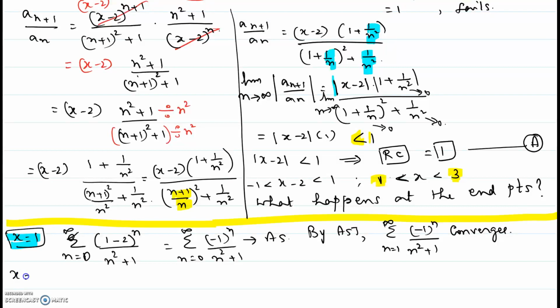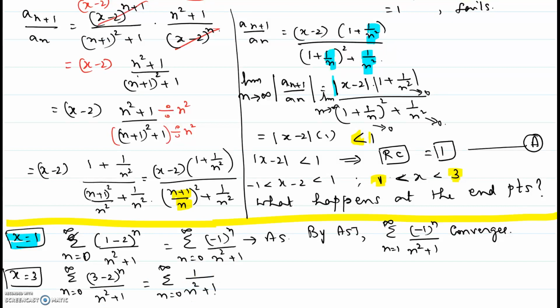At the other endpoint is what we have to check. So let's plug in x equal to 3, which is sigma n varying from 0 through infinity of (3 minus 2) to the power n over n squared plus 1, which is sigma n varying from 0 through infinity of 1 over n squared plus 1.